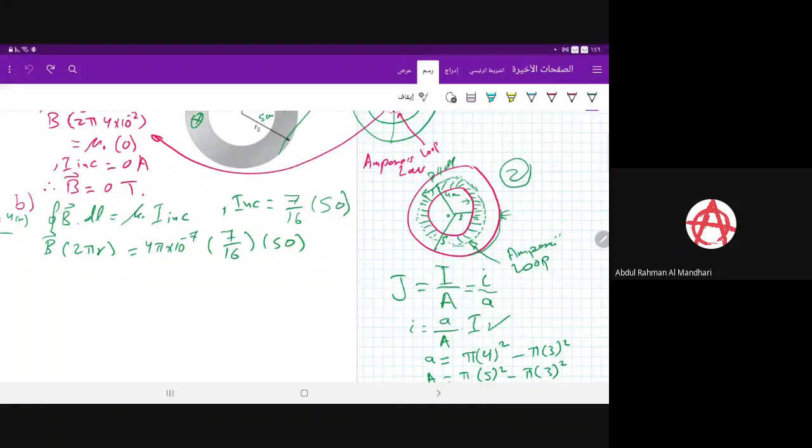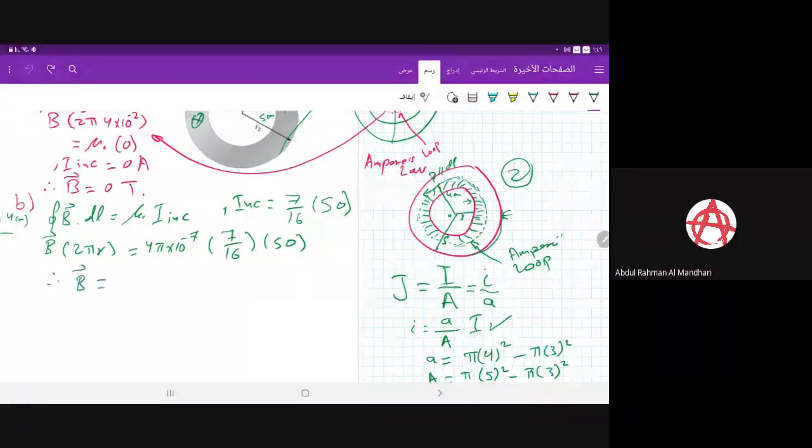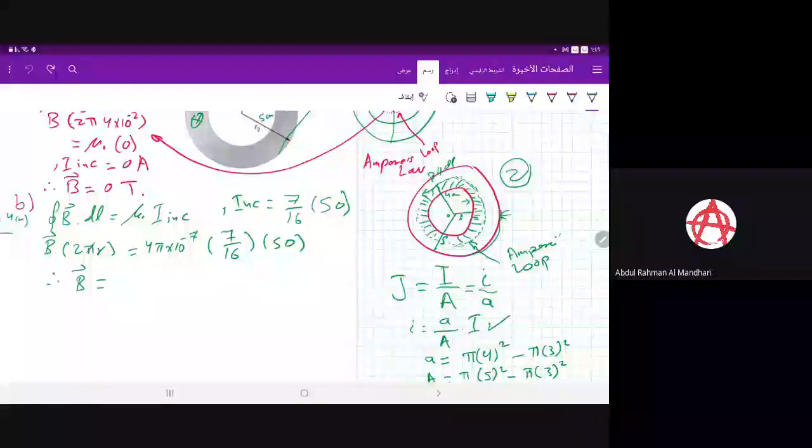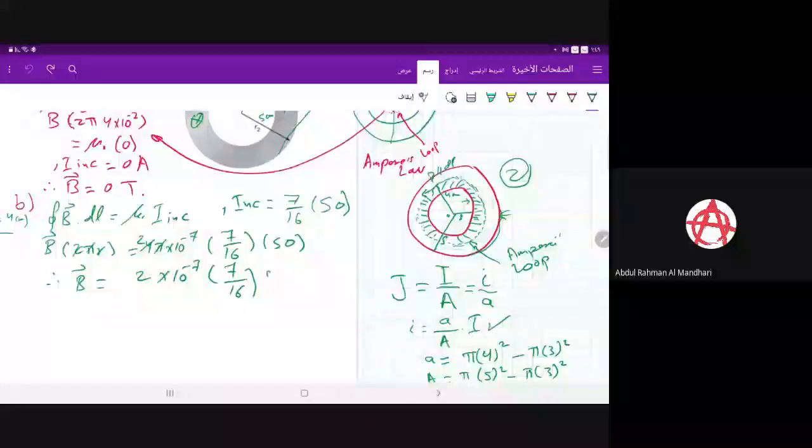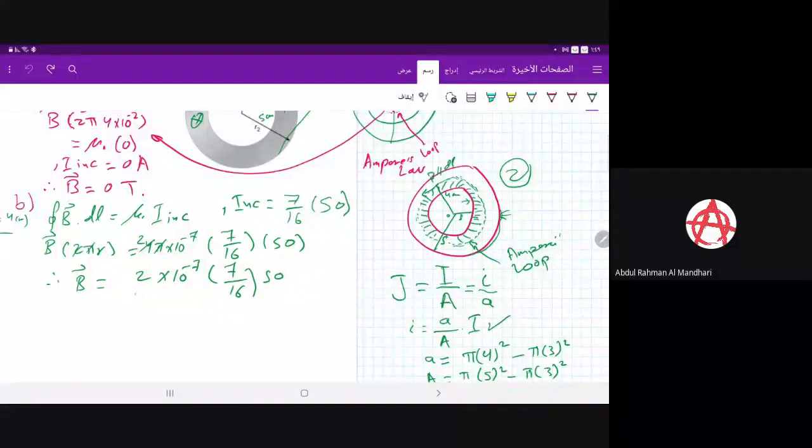So to the left side, I have here R, and R is 4 centimeters. So I should take care about that one. Then B now is very easy. We have everything here. Pi can cancel, 4 with 2, then we are left with 2. So we have 2 into 10 to the minus 7, times 7 over 16 into 50, divided by R, which is 4 into 10 to the minus 2.